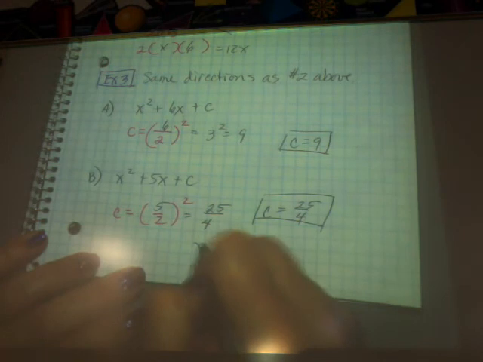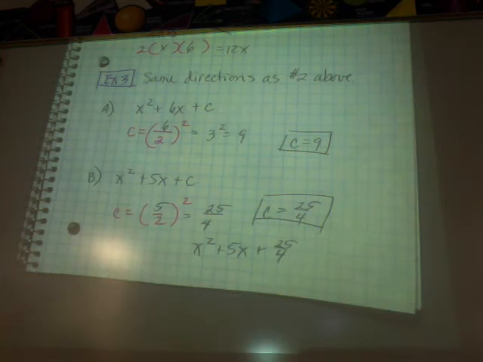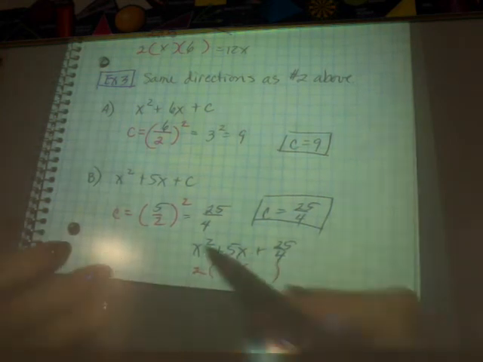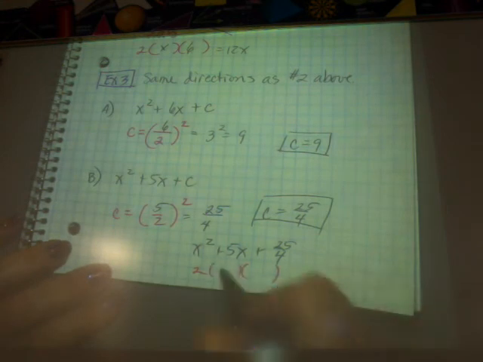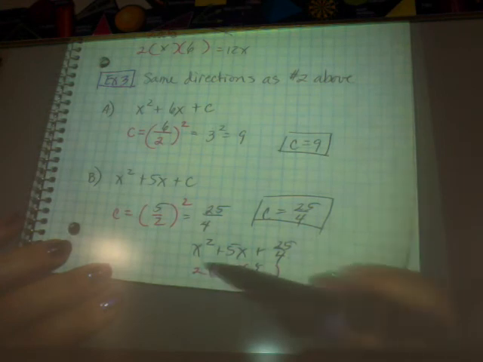If I took x squared plus 5x plus 25 fourths, does that match to 2ab? 2 times a times b. What's the square root of x squared? X. What's the square root of 25 fourths? Take the square root of the numerator and the square root of the denominator. So you get 5 halves. What happens when I multiply 2 times 5 halves?